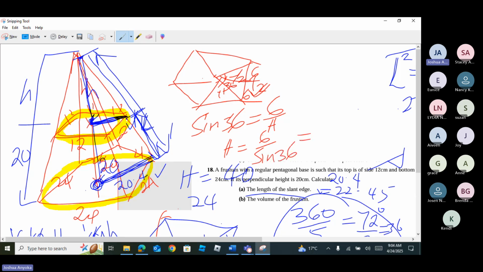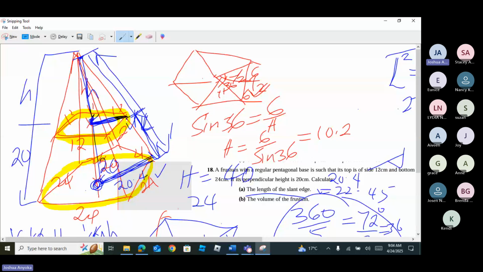What do you get? 10.2? It should be something like 10.2. So approximately we can say 10.2. Yes, let's work with 10.2.